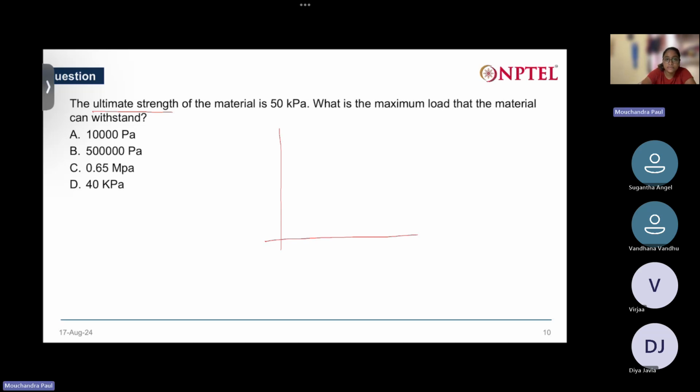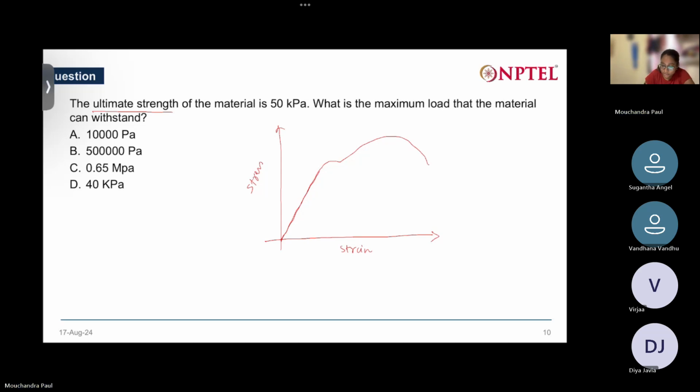Now in that diagram, tell me which point in that particular curve will you say is the ultimate strength? The curve will look something like this. This is your stress. This is your strain. This is your typical stress strain curve of a solid material.